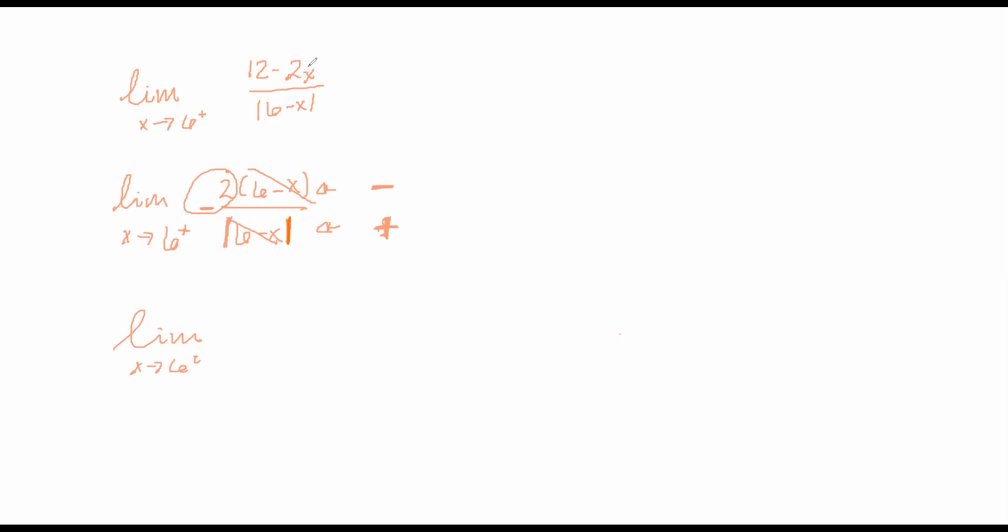I'm going to write this down a little bit more explicitly just so that I can process it, and hopefully everyone else can as well. So what we did is we had the limit of x going to 6 from the right, so we knew this was going to be 2, and that it was going to be 6 minus x, and that this sign up here is going to be negative. And this is going to be 6 minus x, and this is going to be positive.